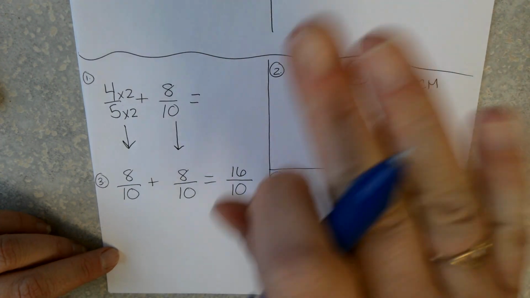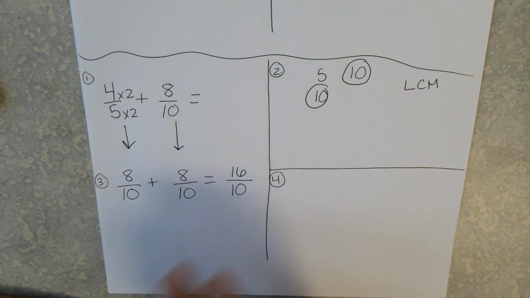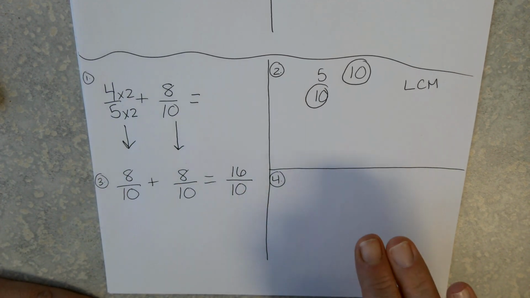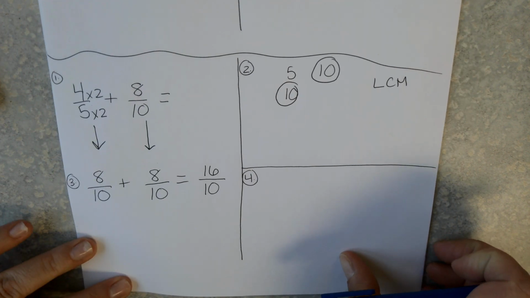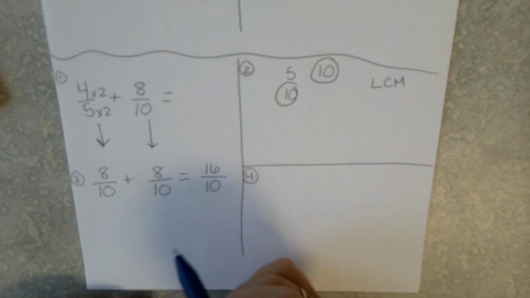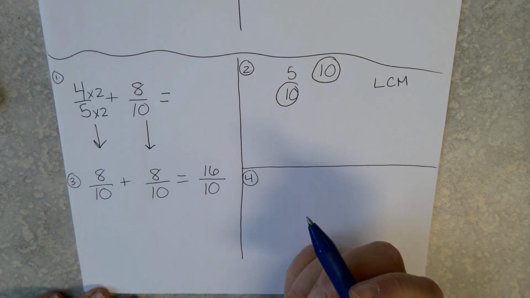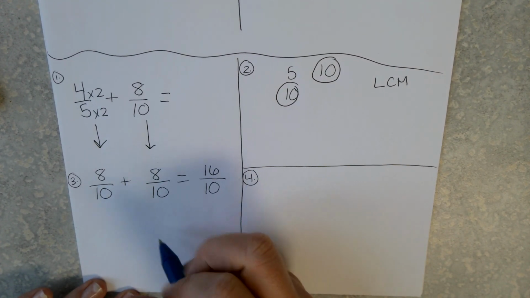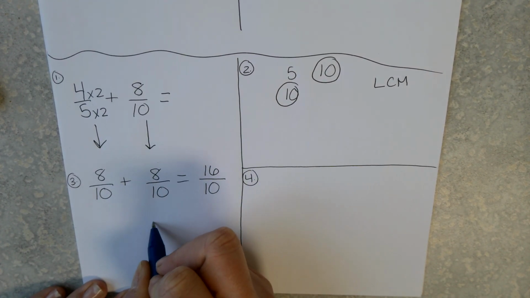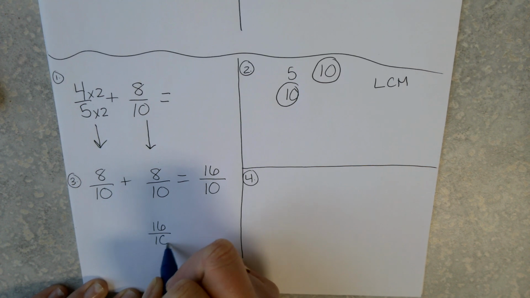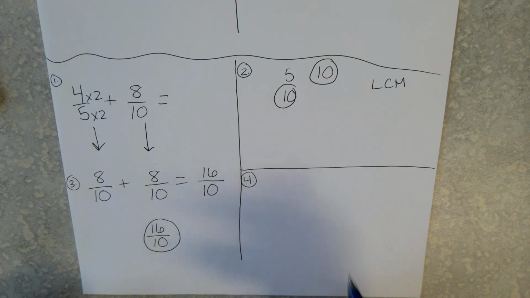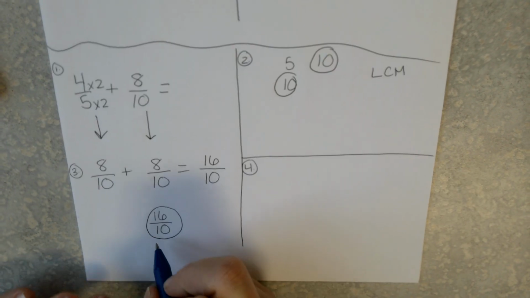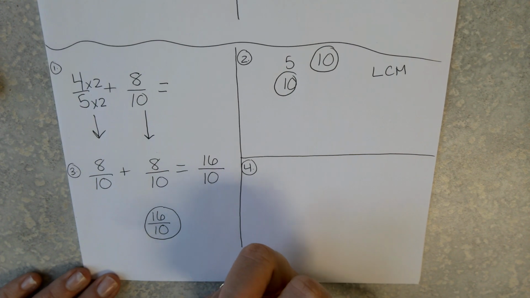Now, like I said up at the problem above, if this is a proper fraction, then you just move on to the next step. But this is an improper fraction, so you're going to go ahead and convert it, okay? So 16 tenths, all right? So the way that you do this, friends, and I can draw it out for you, all right? You think about how many wholes can I make here, okay? Like how many 10 tenths can I make, all right?